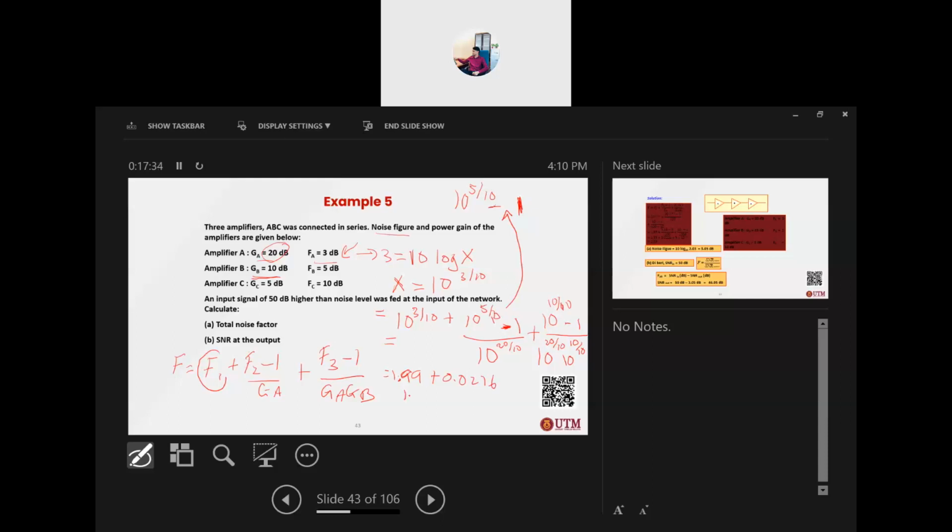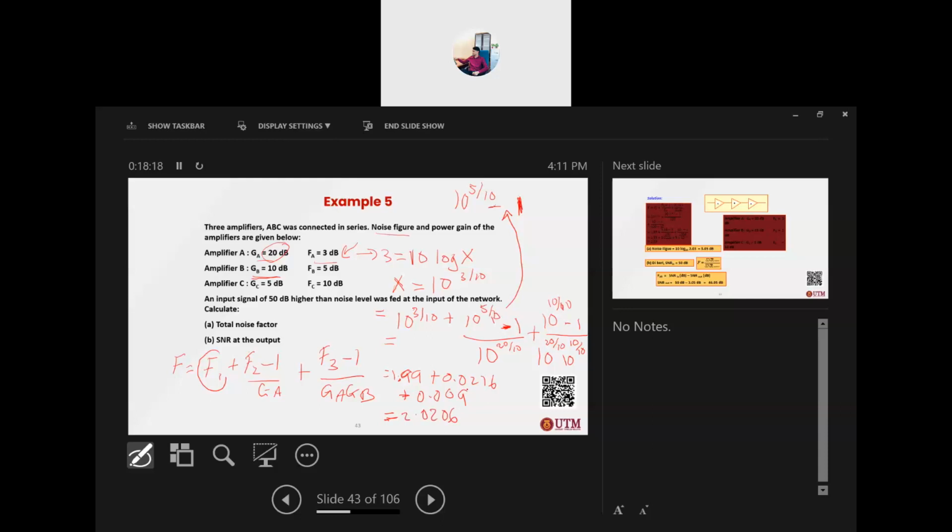The third value? 0.009. So the total value is what? 2.0206. So this one is actually the linear value.